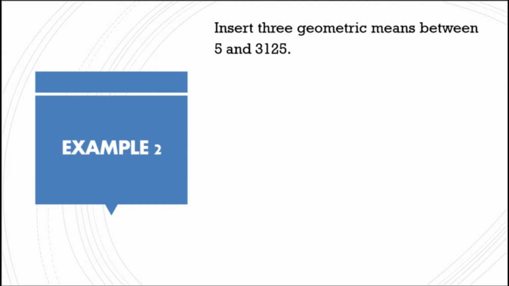But before solving, let us illustrate the given first. 5 will serve as the first term, then 3,125 is the fifth term, and we are tasked to find the values of a sub 2, a sub 3, and a sub 4. To determine those unknown terms, we need to calculate the value of r, or the common ratio. How do we do that?